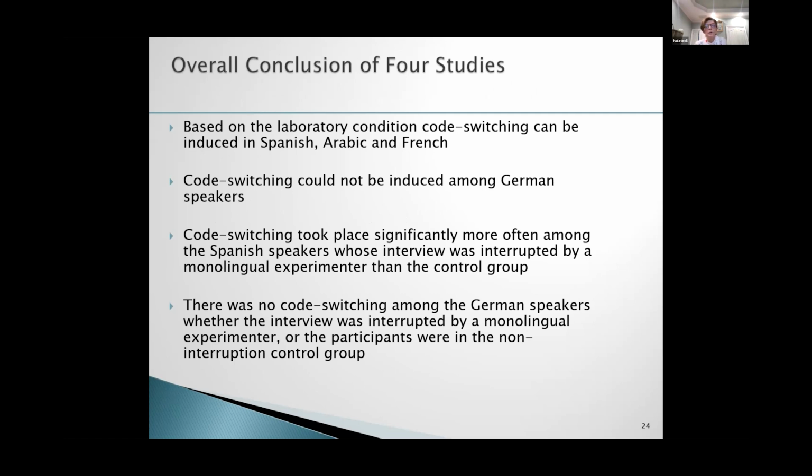The most often significantly code switching is seen among Spanish speakers, who seem to be more readily willing to, based on two different studies, code switch, followed by French, and then finally Arabic. The question is either an interruption or no interruption. Germans seem to stay with German.